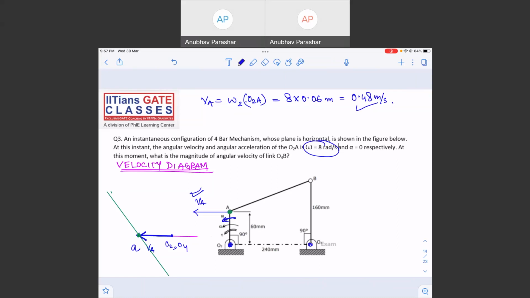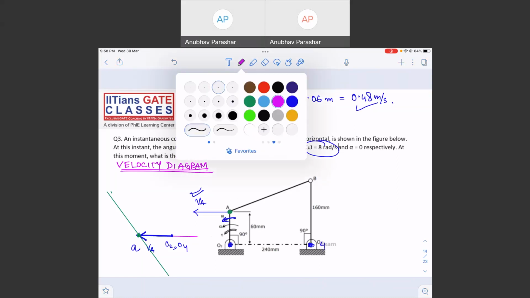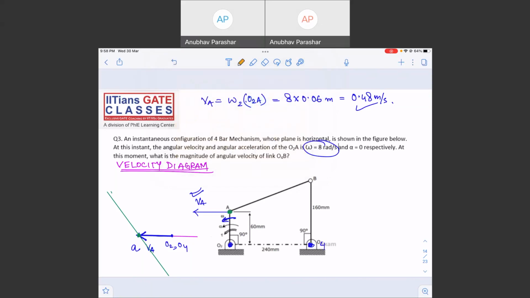Now, if you sit at point O4 and you try to see the velocity of point B, what will be the direction of velocity of point B? I don't know in which direction, but definitely I can say the velocity of point B with respect to O4 will be perpendicular to O4B. I don't know whether it would be to the right or to the left, but definitely I know that it will be perpendicular to the line O4B.